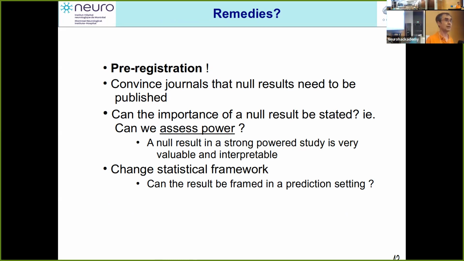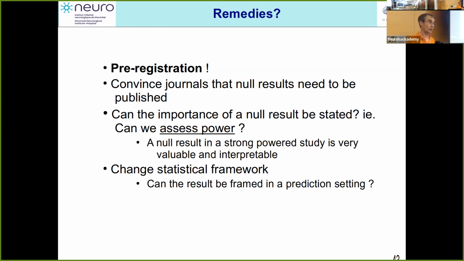Publishing a null result with 15 subjects doesn't mean anything, because you have very little chance to find an effect unless the effect is super large. So the power has to be enough with respect to the effect size of the field to justify a reasonable publication of a null result.